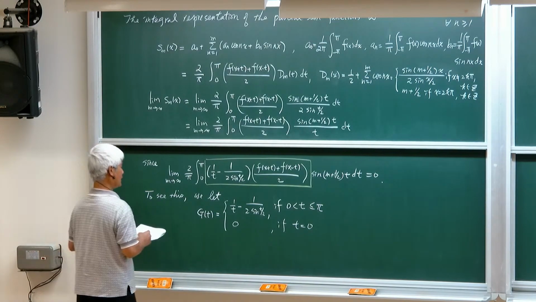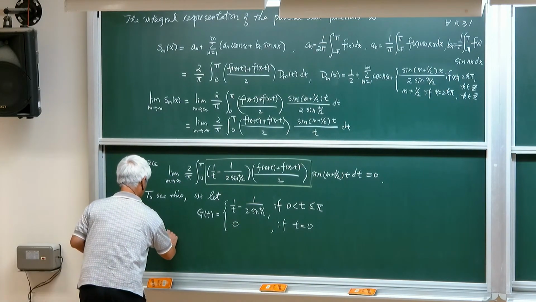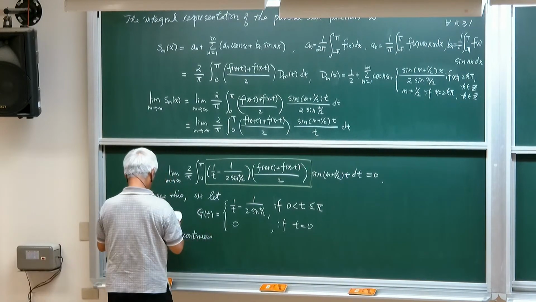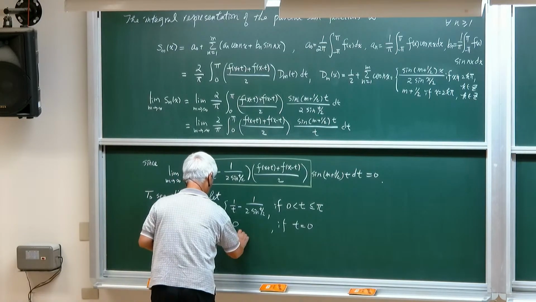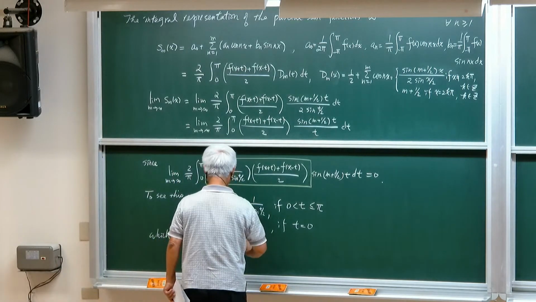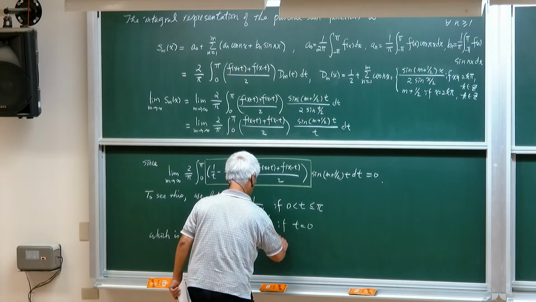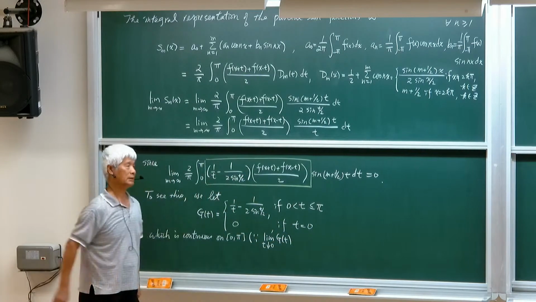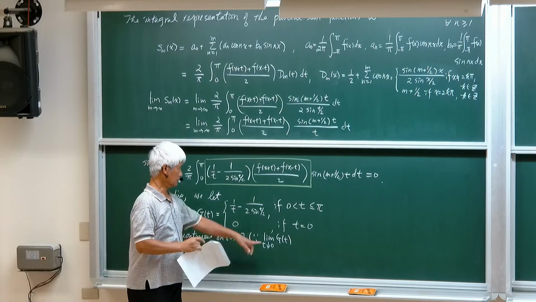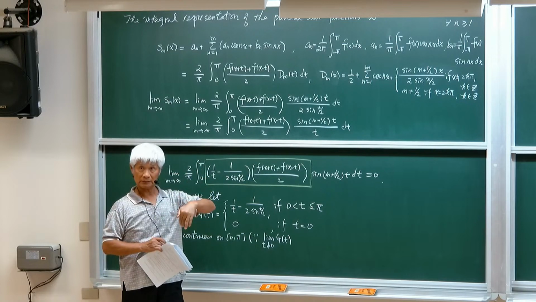And we can see that this function is continuous near 0. The reason is that if you take the right limit of g(t), so this is for t positive but going to 0, okay?